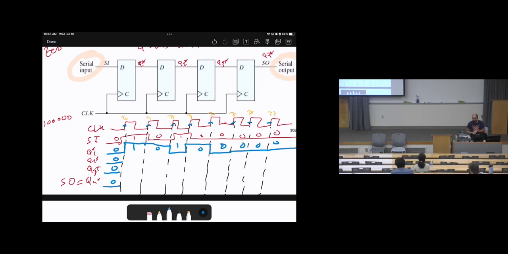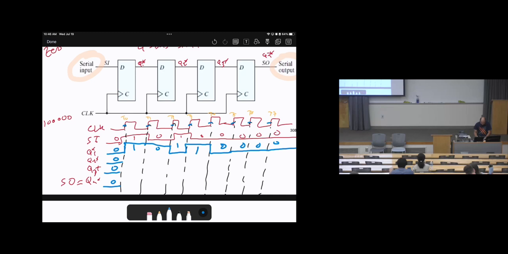Okay? So we realize that they are the same as the serial inputs. I'm sorry, this is 1. Okay, no, they are different: 1, 0, 1, 1, 0, 0, 0, 0. Okay, this is the input. Then let's look at Q2.